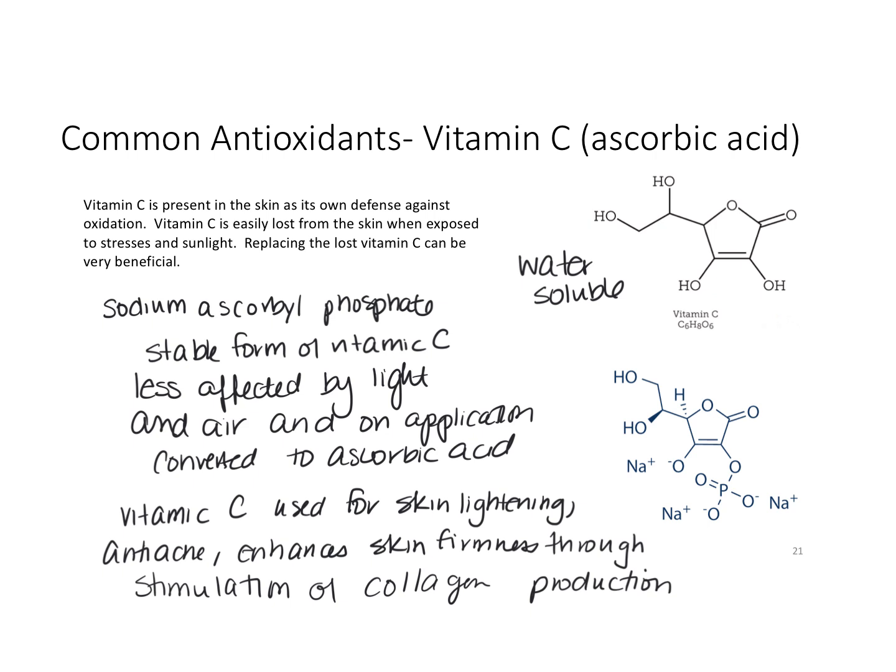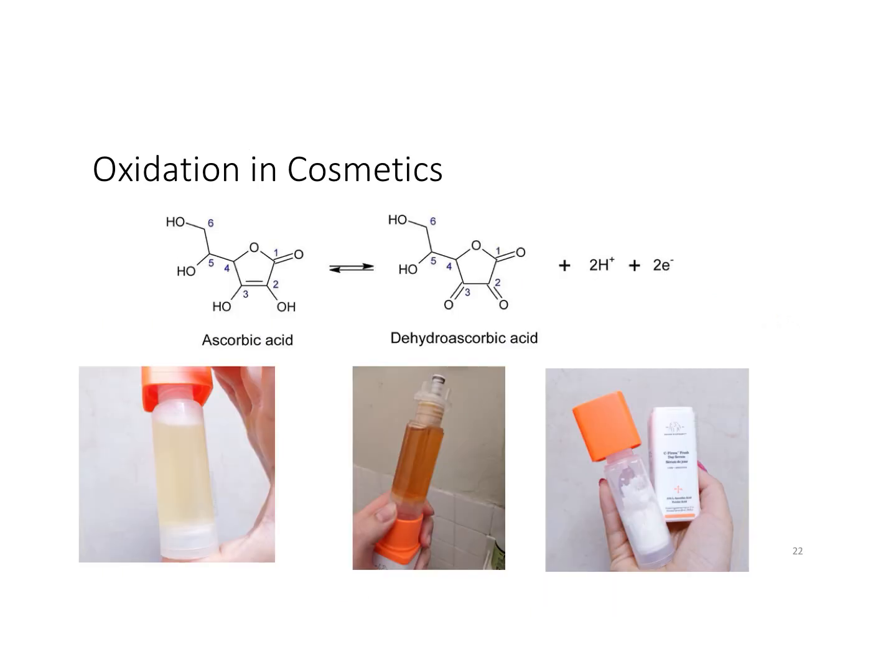But as we mentioned at the beginning, oxidation a lot of times is a problem in cosmetics. You don't want a chemical in a cosmetic to undergo oxidation when it's sitting on the shelf, because it will lose its effectiveness. And so a really good example of that is vitamin C, ascorbic acid. So we talked about vitamin C, and vitamin C can undergo oxidation.